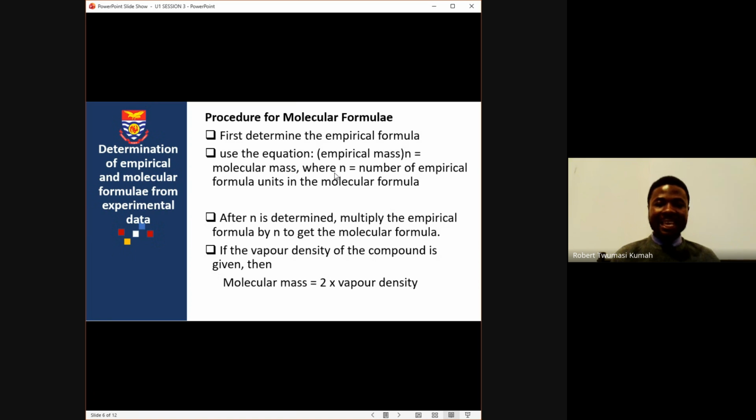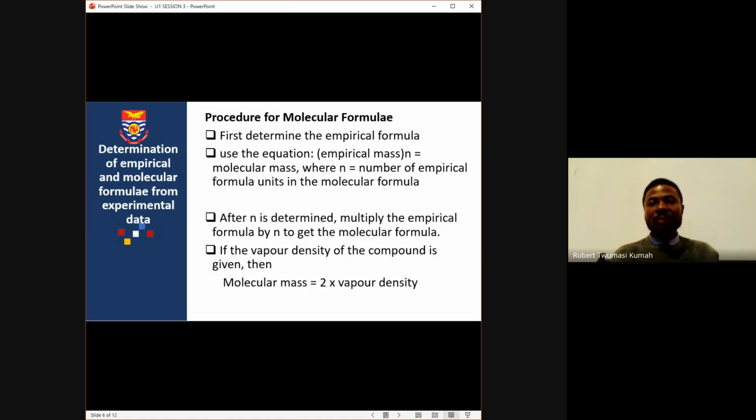And the n here is the number of empirical formula units in the molecular formula. And after that, you multiply the empirical formula by that number. You cannot just decide to pick a number and use to multiply. For example, in the case of the glucose, where we have the CH2O, you cannot just decide to use any number at all.